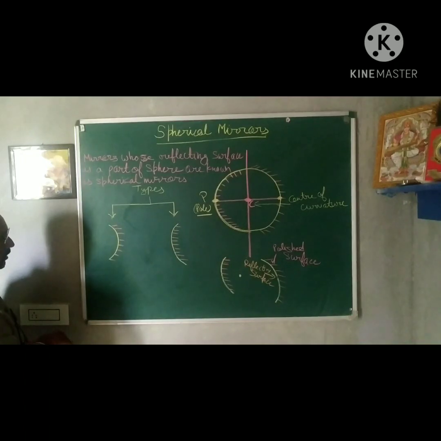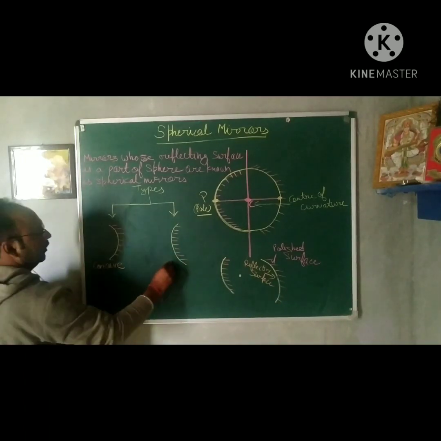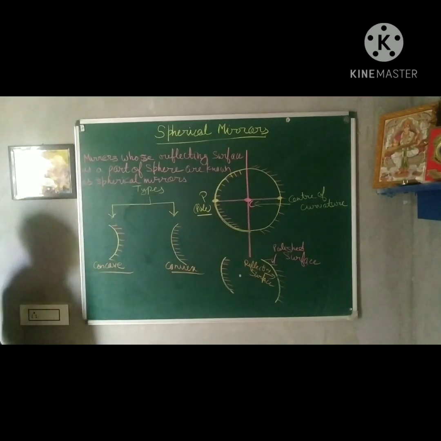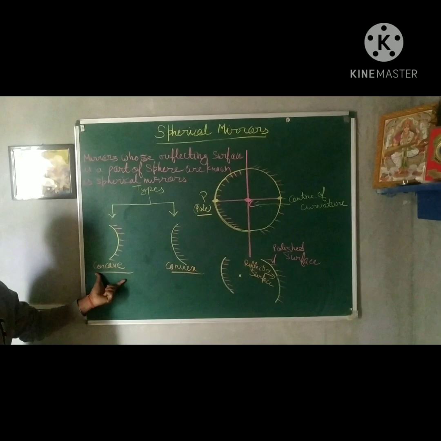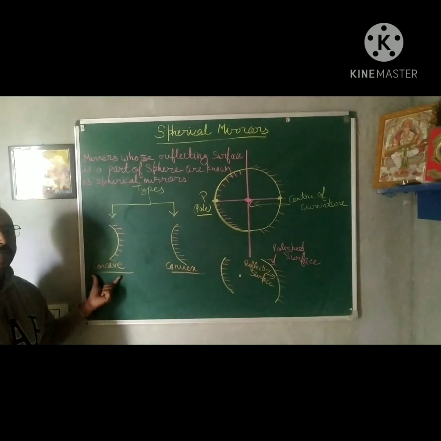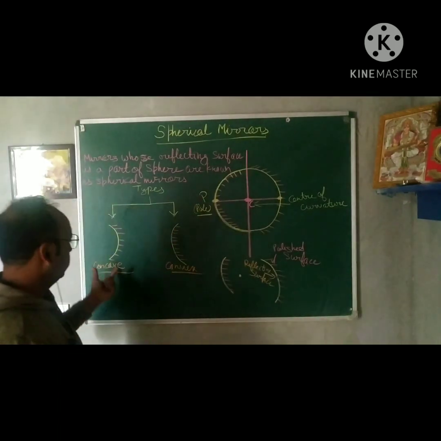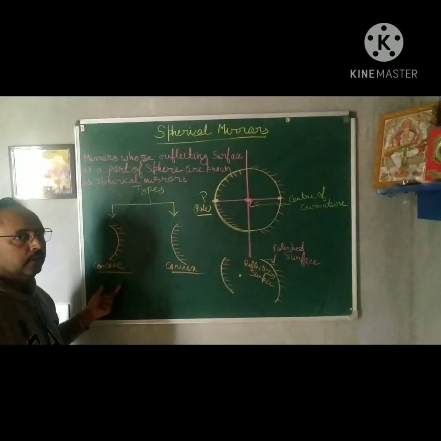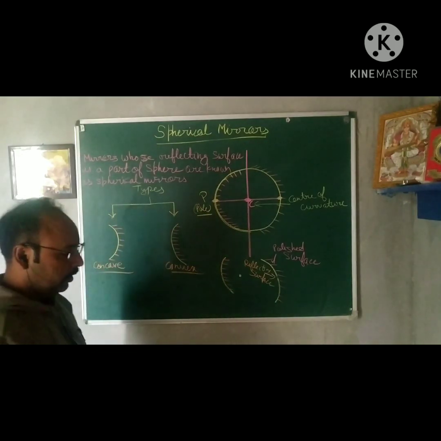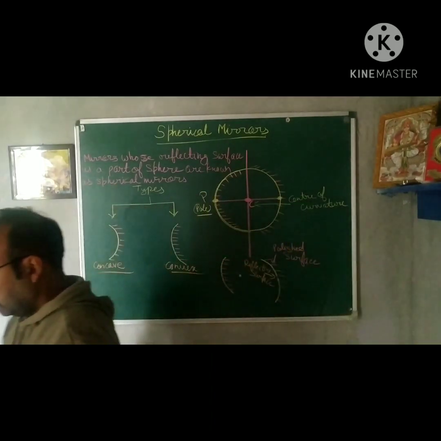So this is known as concave and this is known as convex. So these are the two spherical mirror types, one is convex mirror, another is concave mirror. For definition, a concave mirror is a mirror whose reflecting surface is curved inward, whose outer surface is polished. A convex mirror has its inner surface polished and outer surface curved.